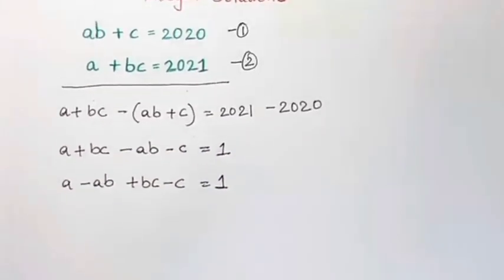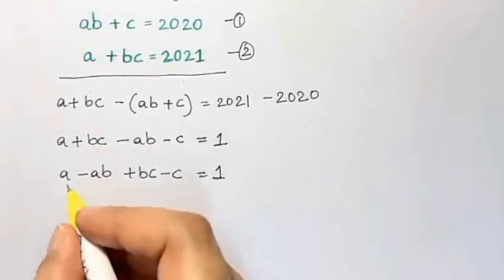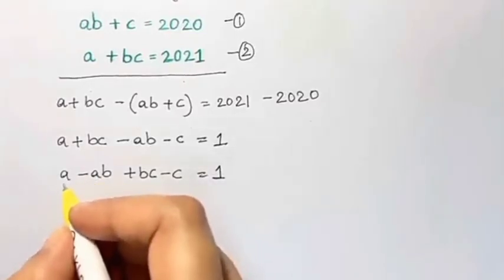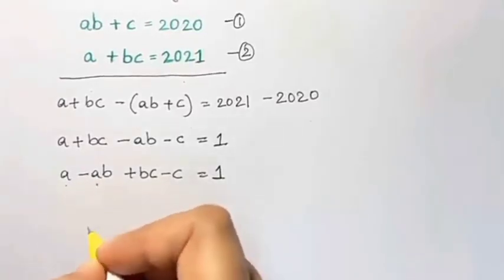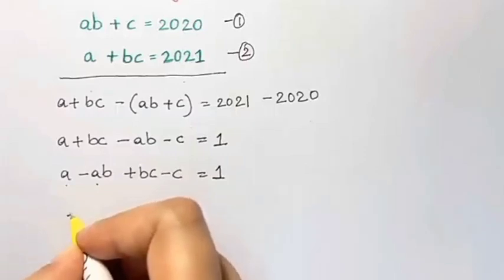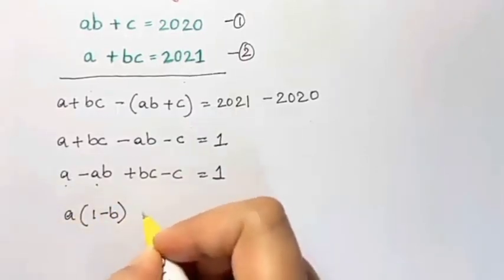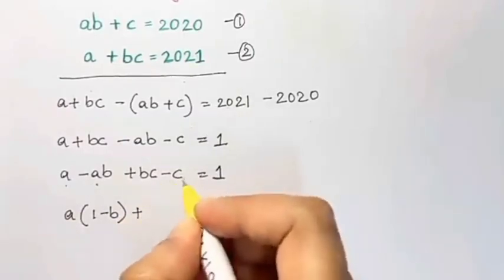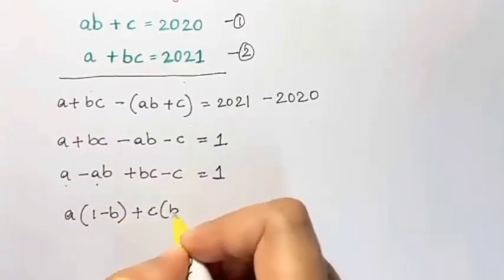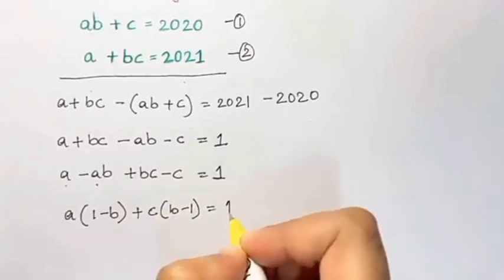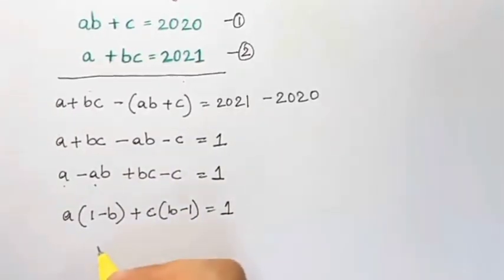Now what do I do? Here I have A common. The term A here, so let me take it out common. A times 1 minus B plus, here I can take out C common, so I have B minus 1 is equal to 1. Now what do I see?